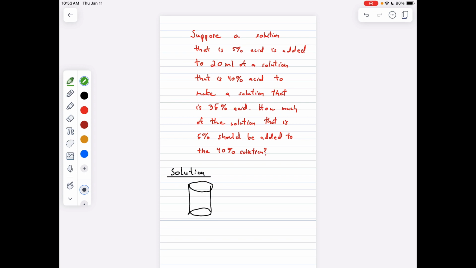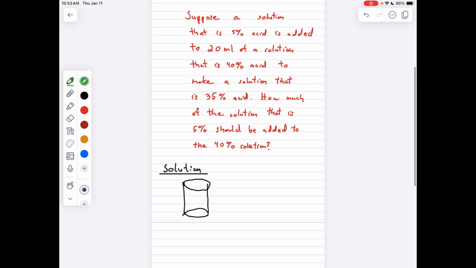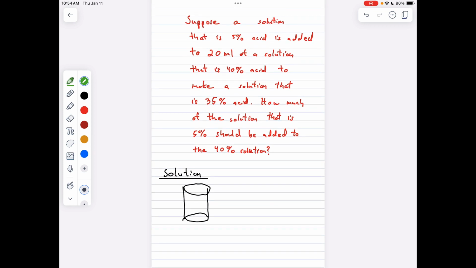And the question here is how much of this is going to be added to the 20 milliliters that is 40% to make 35%. Just think of this as a flask or a jar. And you would add x milliliters here. And what we're told is that 5% of those x milliliters is going to be acid.